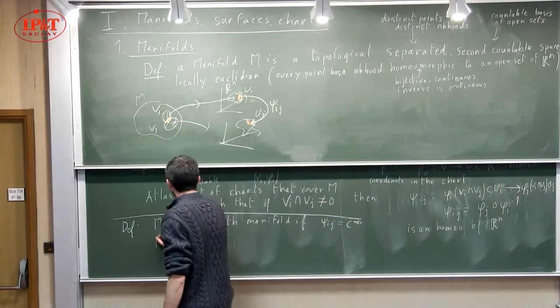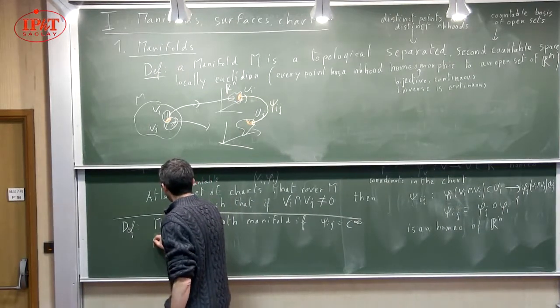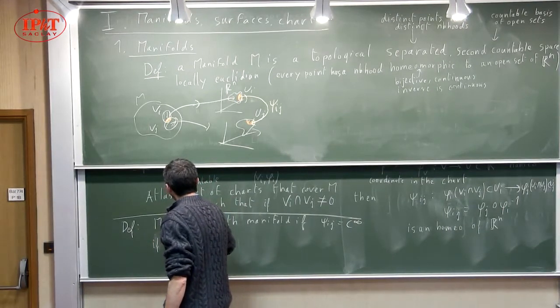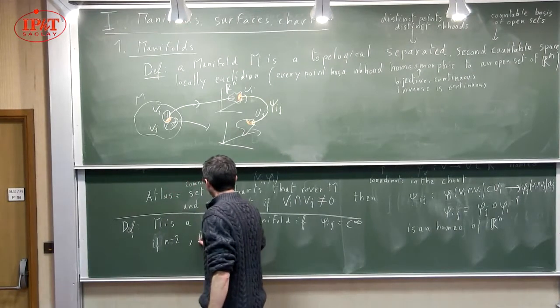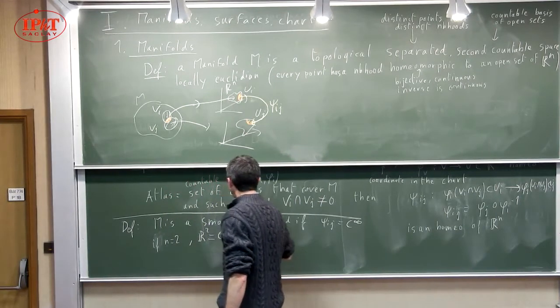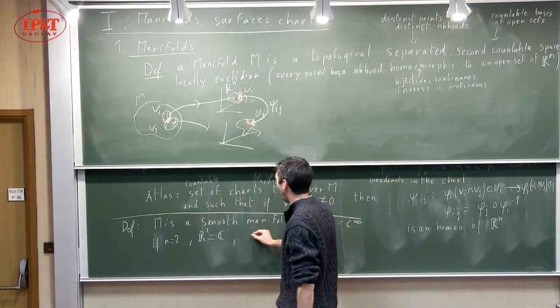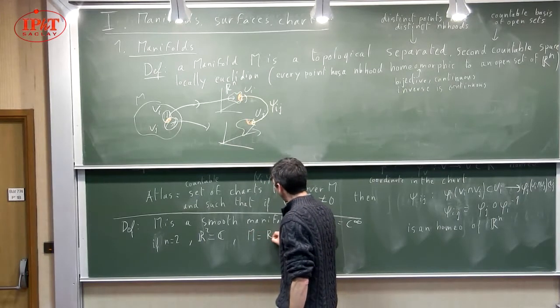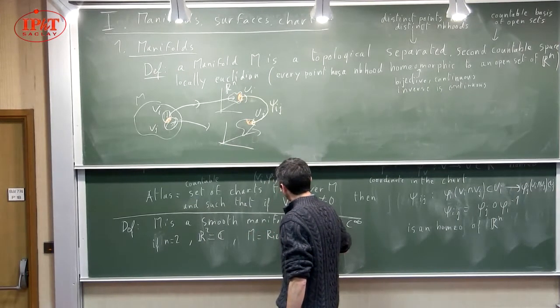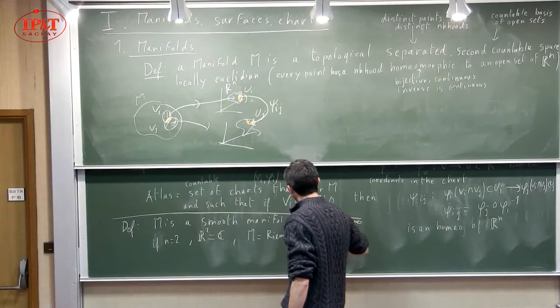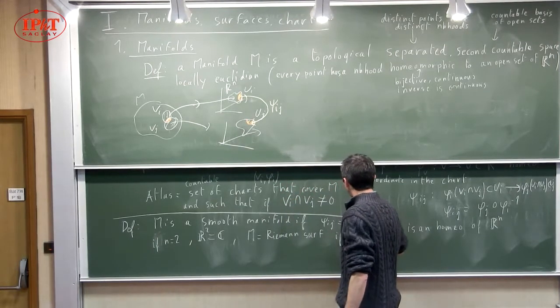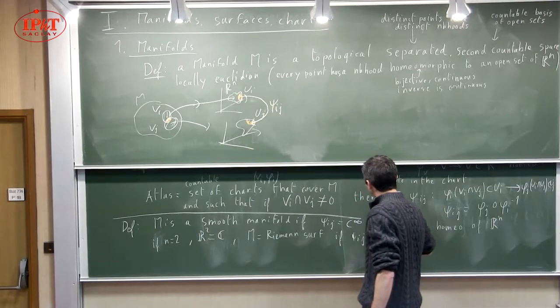And if the dimension n equals 2 and you identify R^2 with C, M will be a Riemann surface if psi_ij is analytic.